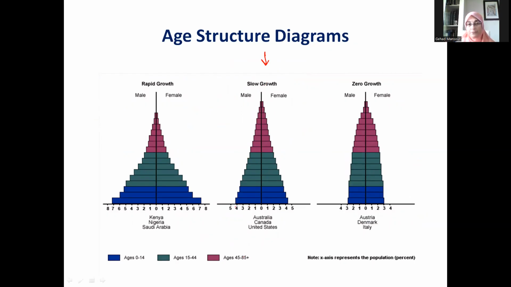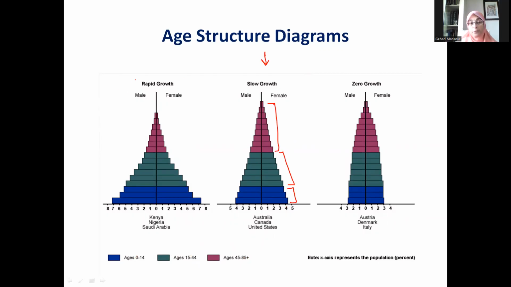Here the purple indicates the age between 45 and 85. The gray indicates the age intervals between 15 and 44, and from 0 to 14, this is the blue color.